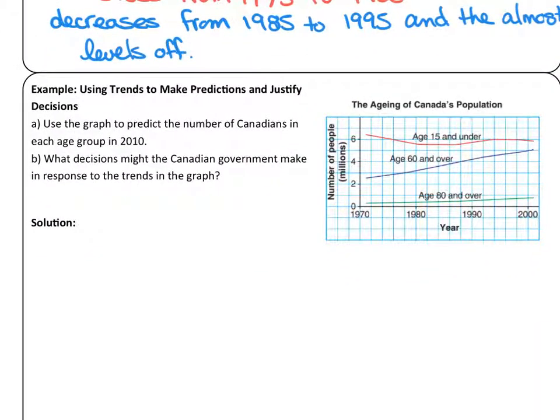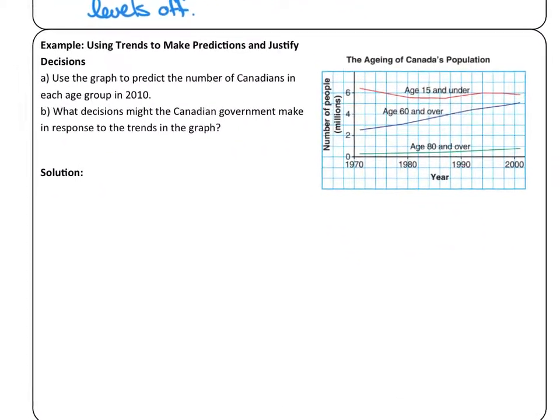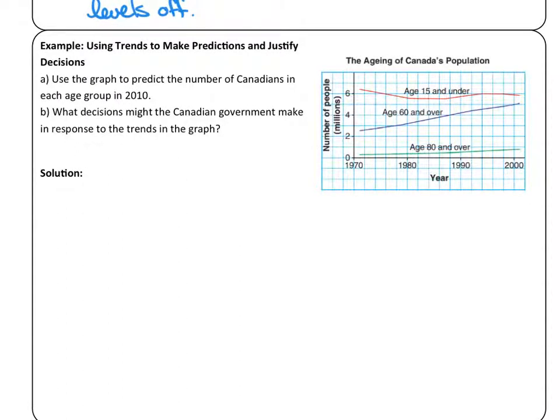And the last example, we're going to use the trend to make predictions and justify some of our decisions. A, use the graph to predict the number of Canadians in each age group in 2010. What decisions might the Canadian government make in response to the trends in the graph? So when we're talking about making predictions, you're going to extend the line to where you think it's going to go. So notice this one's going down, so we're going to extend it.